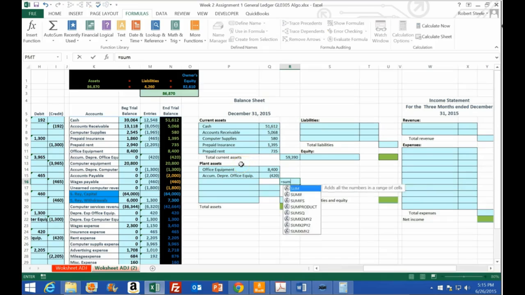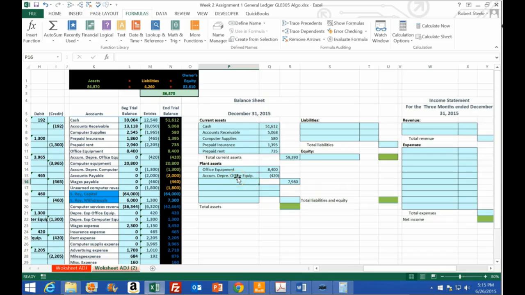So it equals the sum of this and that. The sum, meaning this positive number plus that negative number, is like a subtraction problem. So the 8.4 minus the 420 gives us the book value, the office equipment net value, or book value.